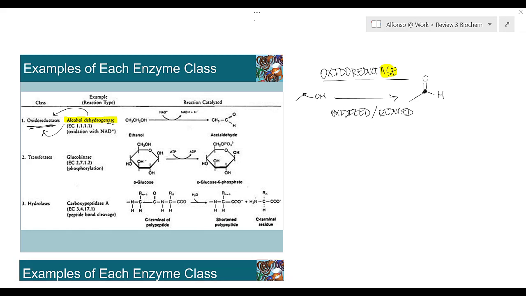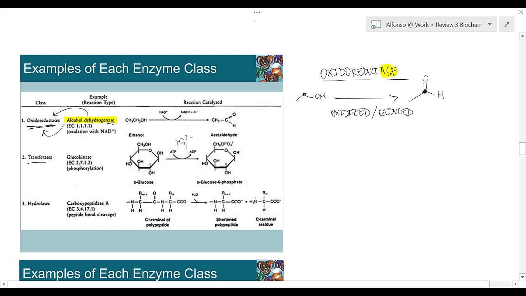Okay, so let's go with transferases. Transferases take something from one molecule and give it to another. As you'll see here, ATP binds with the enzyme, and it transfers a phosphate, a PO4 3-, from ATP to glucose, turning glucose into glucose 6-phosphate.